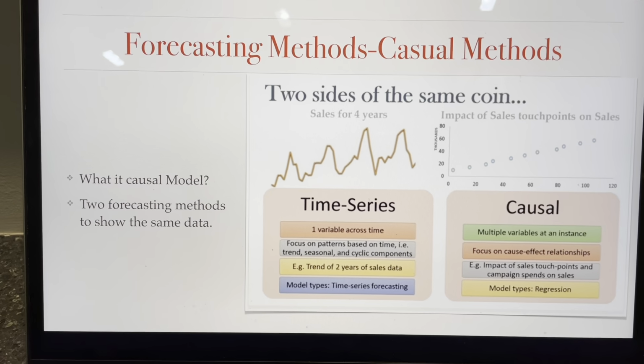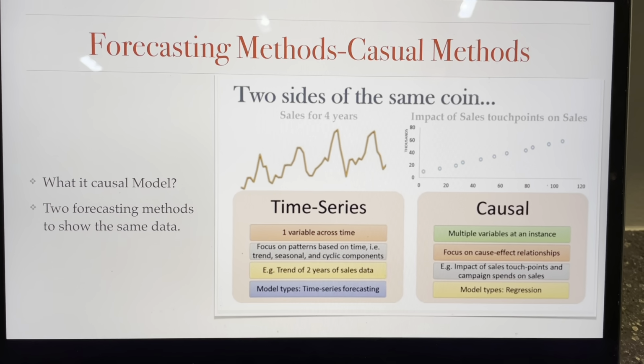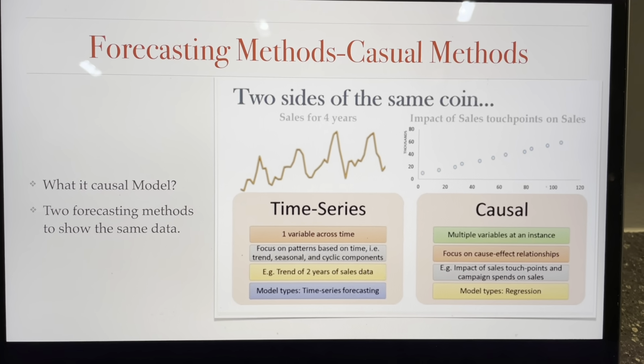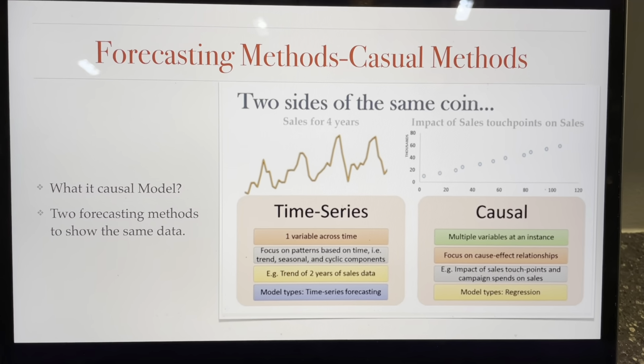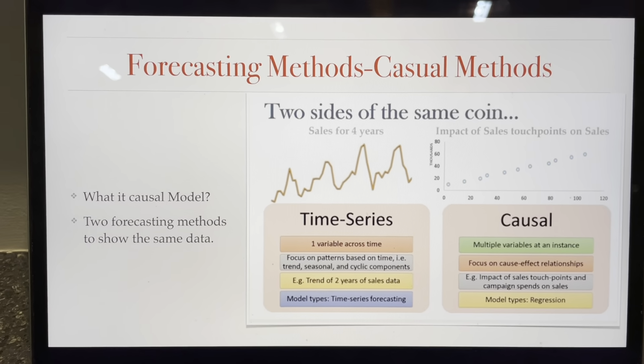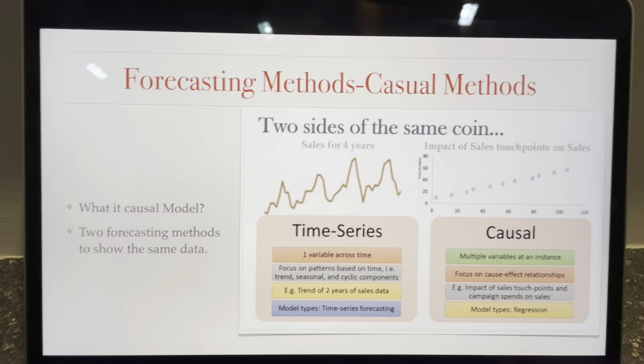Normally, the high peak will happen at what kind of time. The right one is causal forecasting, and this picture shows the impact of sales touch points and campaign spend on sales. So how much the company spends and how much sales the company gets. It shows a relationship here.